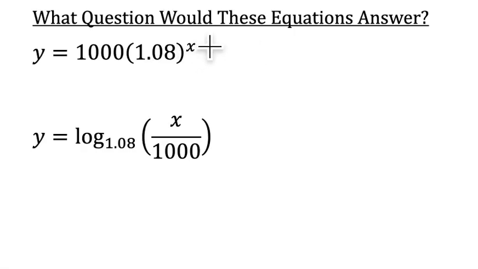We would just plug 30 in for x and do the math, and it would tell us how much money we have. The second equation would help us calculate how many years it will take to have $1 million. We would just plug in 1 million for x, work out the math, and it would tell us how many years that takes. So both equations are working with the same situation, but with a different purpose.